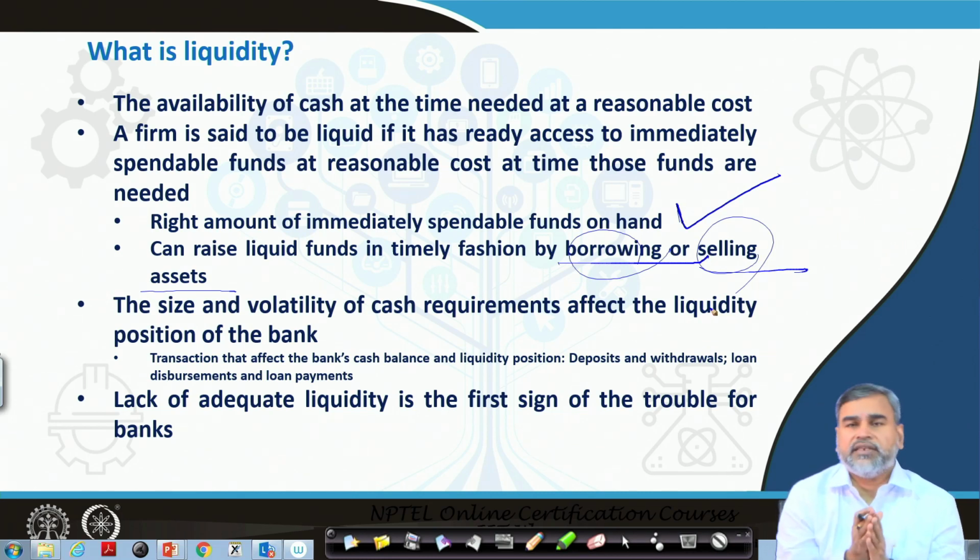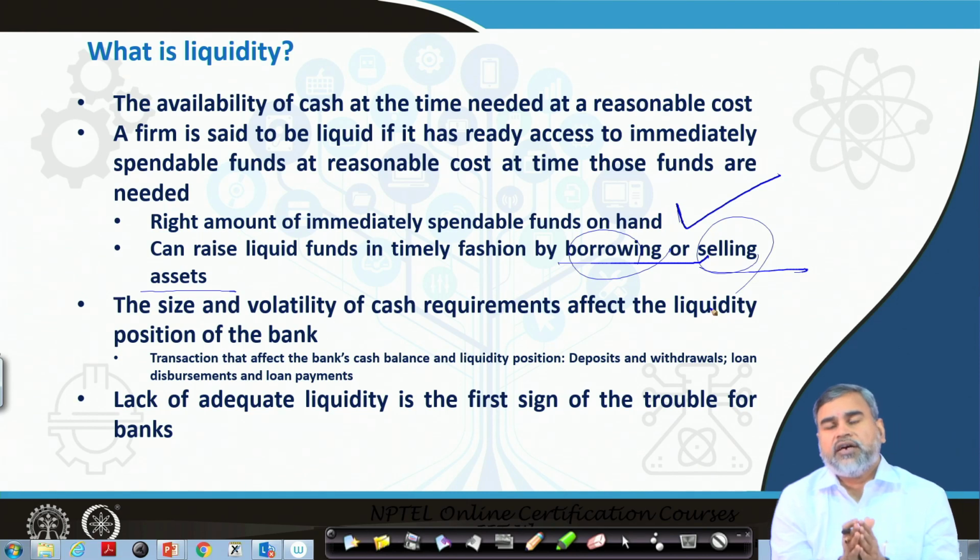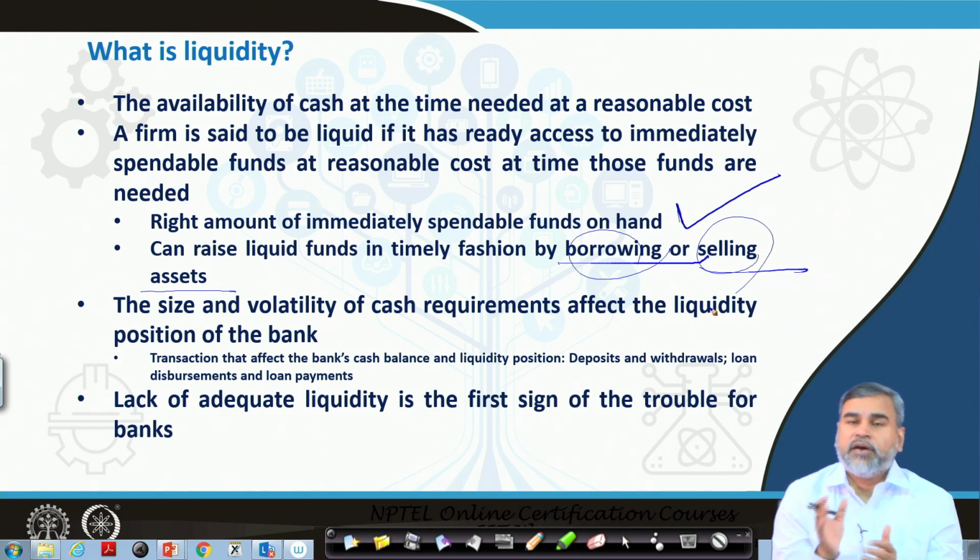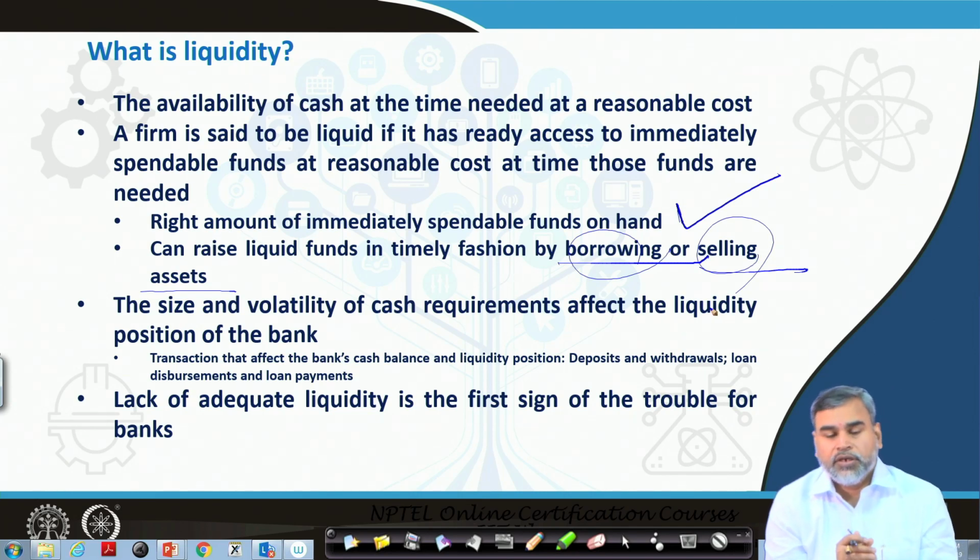Second thing is selling the assets. Then how can you sell the asset in a short span of time? If you really want to sell the assets in a short span of time, the assets should be in such a fashion that you have enough money market instruments and enough government securities available with you.